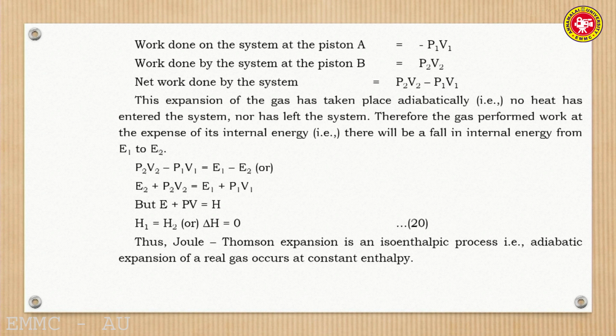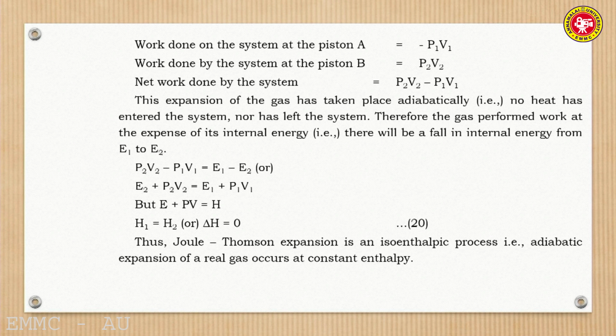This expansion of gas has taken place adiabatically, that is, no heat has entered the system nor has left the system. Therefore, the gas performed work at the expense of its internal energy, that is, there will be a fall in internal energy from E1 to E2. So, simply, the equation may be written as P2 V2 minus P1 V1 is equal to E1 minus E2, or otherwise E2 plus P2 V2 is equal to E1 plus P1 V1.